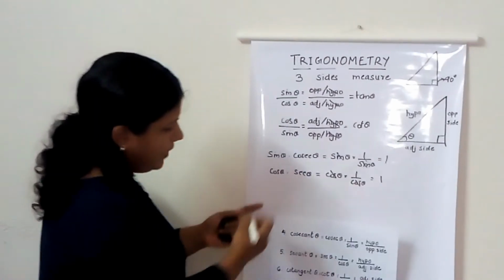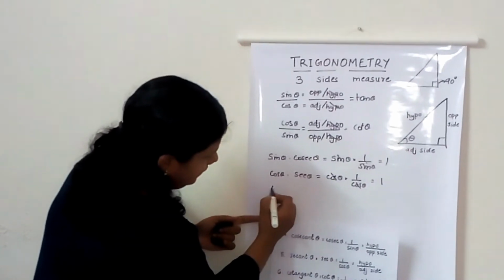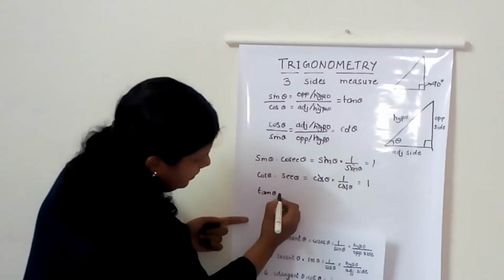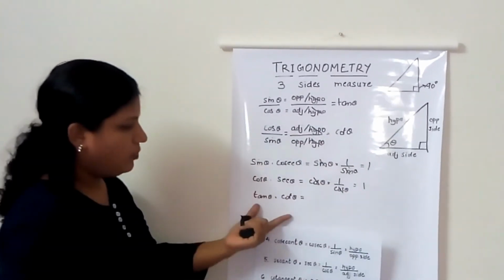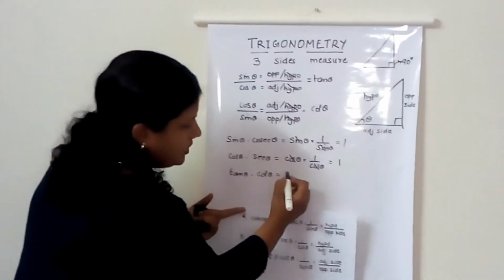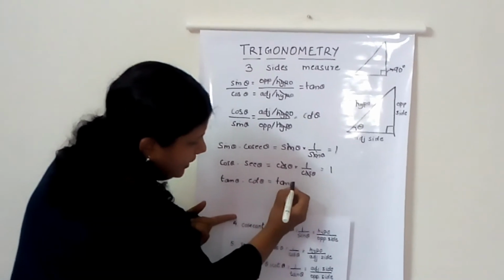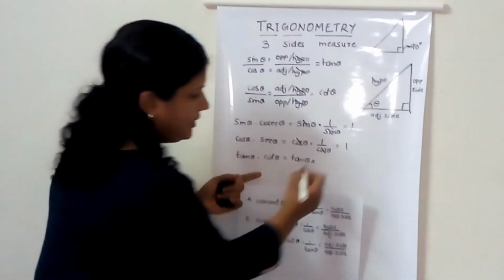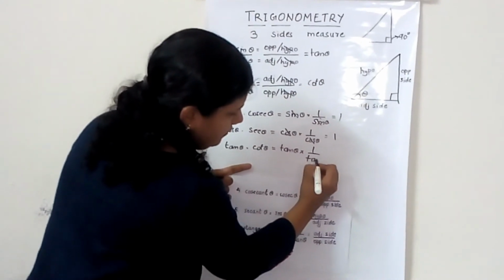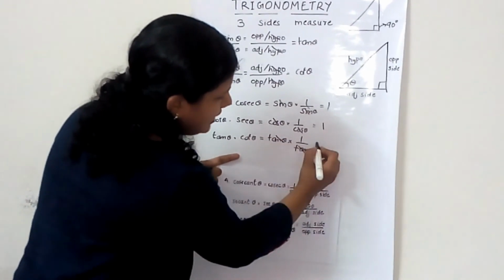And finally we have tan theta multiplied by cot theta. Now when you multiply tan by cot, we have tan theta, and we know that cot theta is 1 by tan theta, which again cancels and gives you 1.